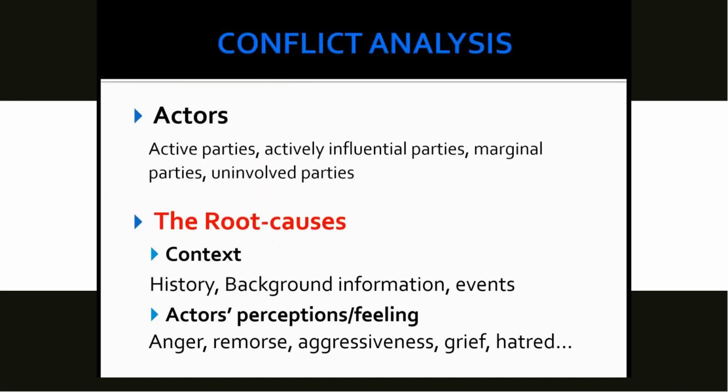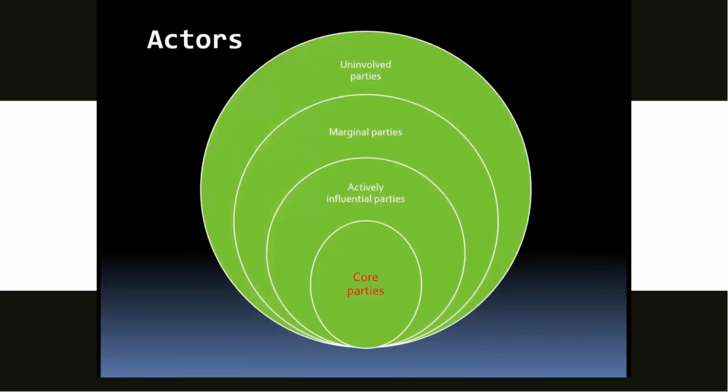If you want to resolve conflict, obviously you need to analyze conflict well. And the first important thing is to identify actors. In one conflict, there are many different actors. For instance, core parties, which are the main actors of the conflict, but there are also actively influential parties, marginal parties, uninvolved parties.